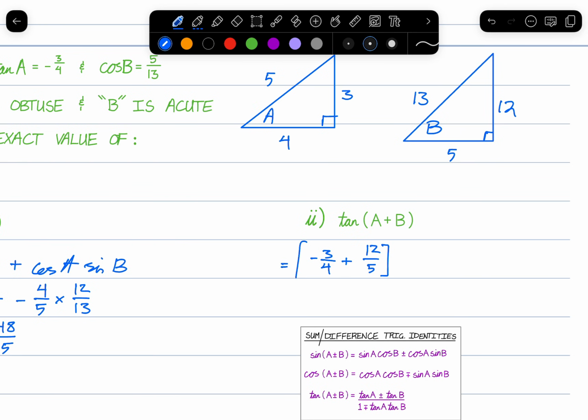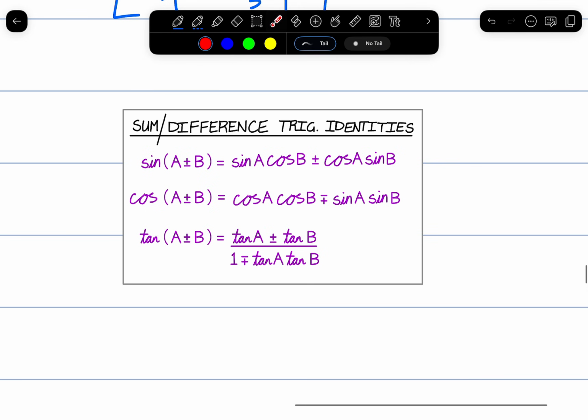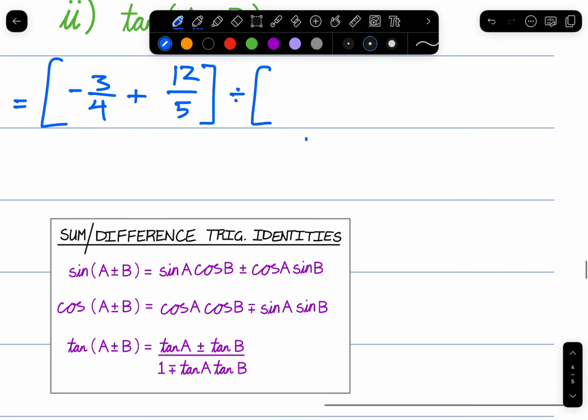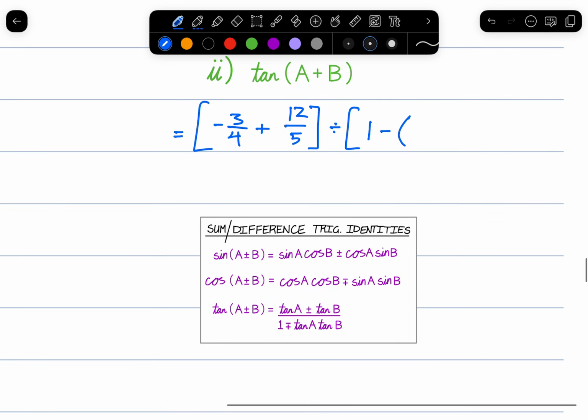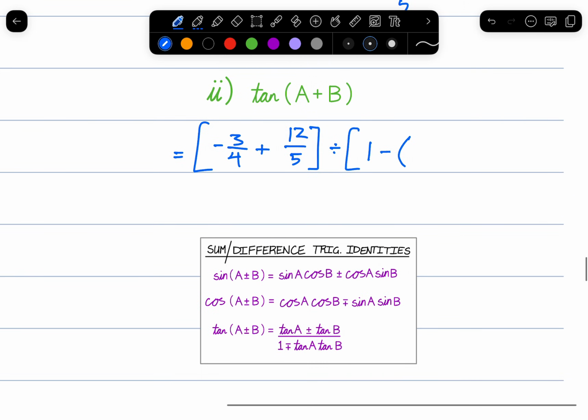That is our numerator, divided by our denominator, which, since we're taking the sum, is going to be 1 minus tan A times tan B. So 1 minus negative 3/4 times 12 on 5.